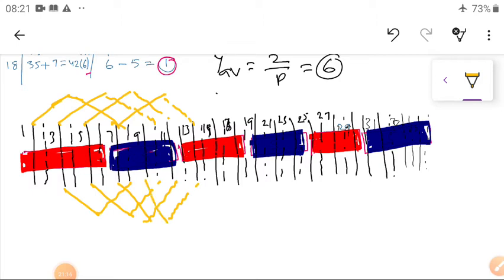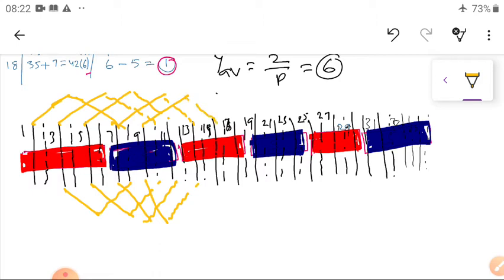Okay, here 9th should be connected to 16th, where this one 13, 14, 15. So 9th should be connected to 16th, this one.